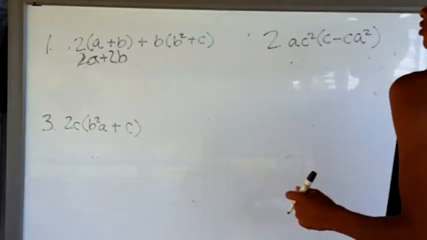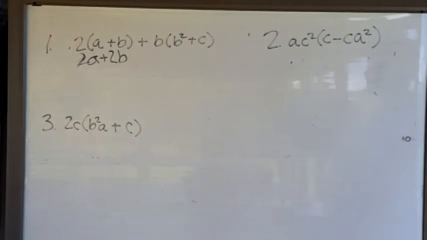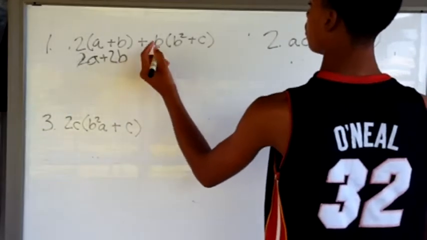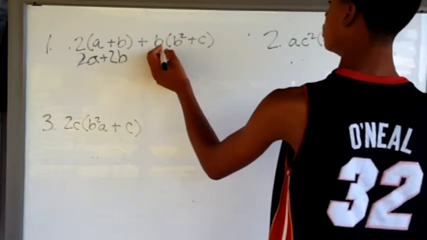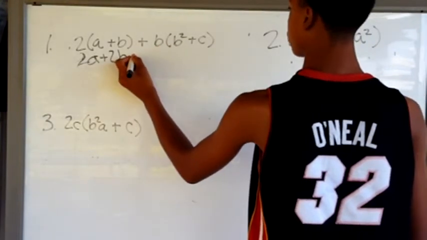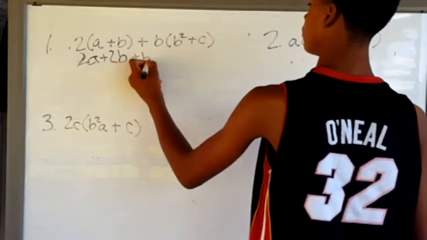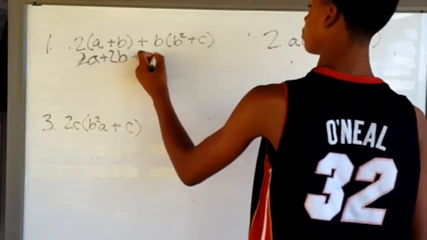Alright, so now the next multiplication problem, this is b times b squared plus c. So use the distributive property to simplify it. So it will be b times b squared, which is equal to positive b cubed.